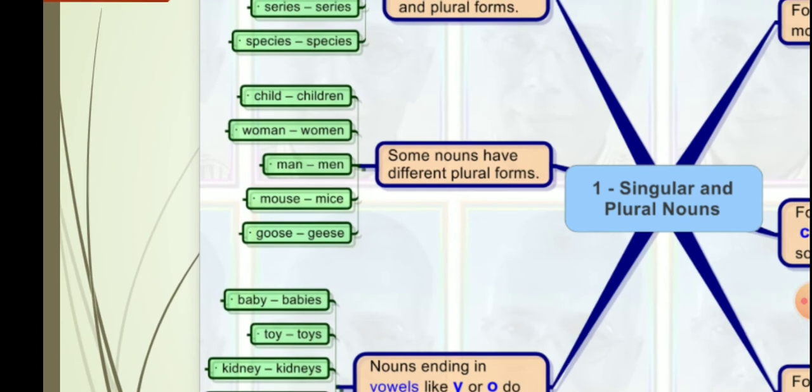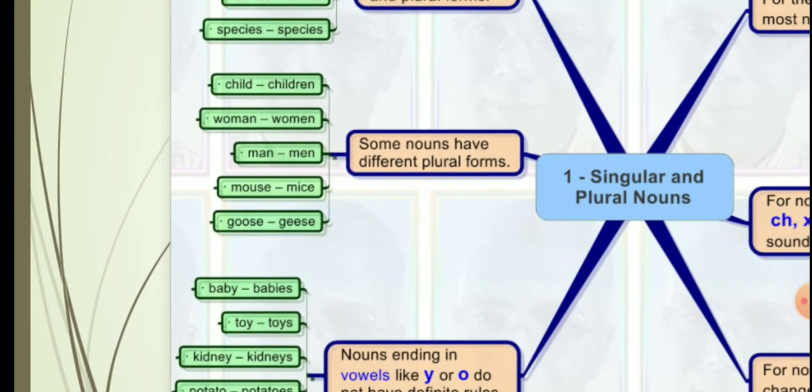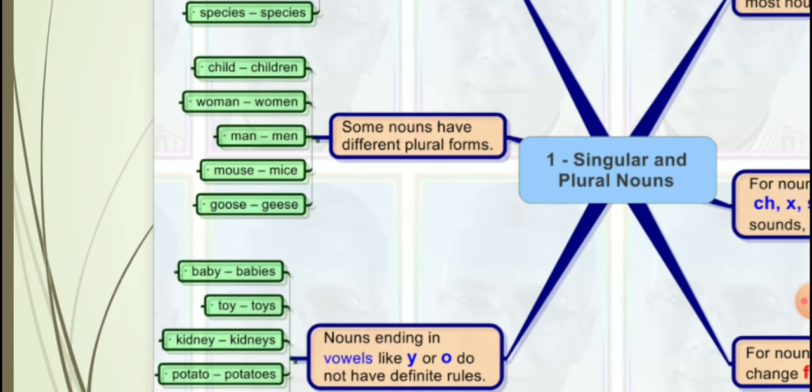Next, the fifth rule is that some nouns have a different plural form. Here we don't add S, ES or VES as a suffix to make a singular noun plural. For example, child. Child is singular, but to make it plural we do not add S; it changes into children.